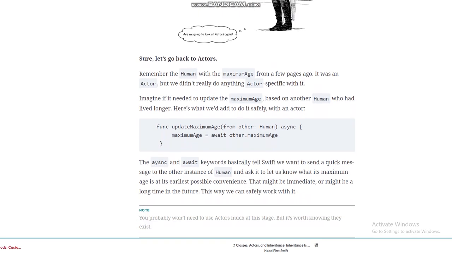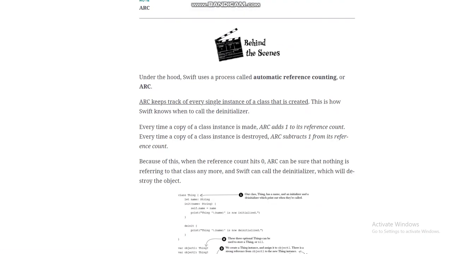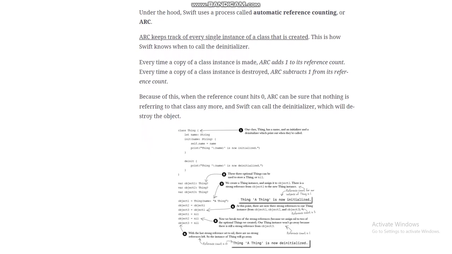Don't worry, we will explain later. Remember also that we have this value here, as we were talking about. The actor, we need to specify. This is a very quick reminder. Let's talk about automatic reference counting. Automatic reference counting is a way to keep track of every single instance of a class that was created, and how Swift knows when to call the deinitializer.